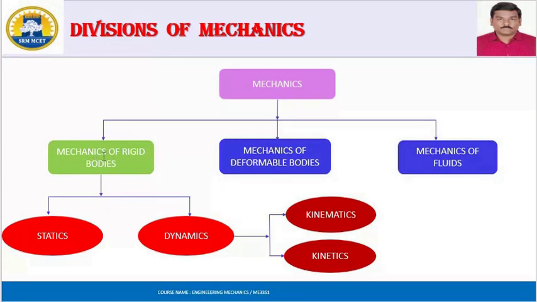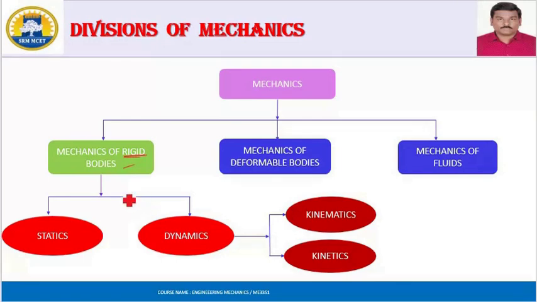In engineering mechanics we are going to study the mechanics of rigid bodies only. What is meant by rigid? Rigid means a solid body. We are going to study how forces act on a solid body.